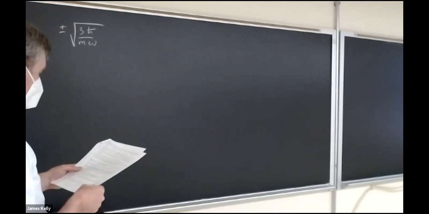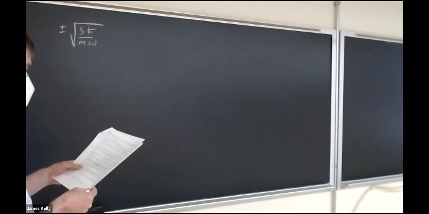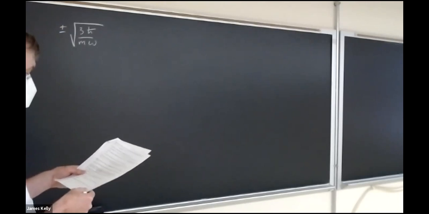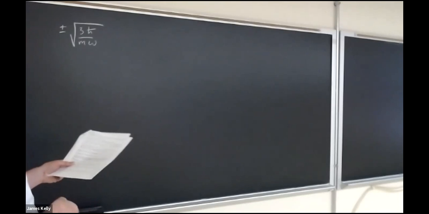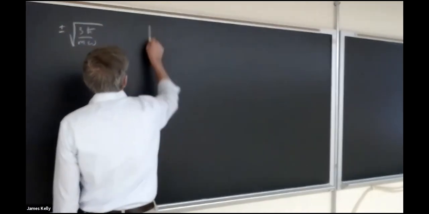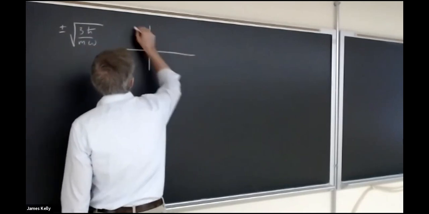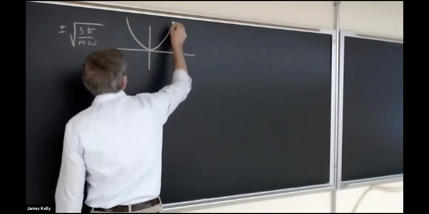Yes. Okay, so B: calculate the probability of finding the particle in the first excited state of the harmonic oscillator outside of the classically allowed region. So if I were to sketch the potential energy, it looks like this.